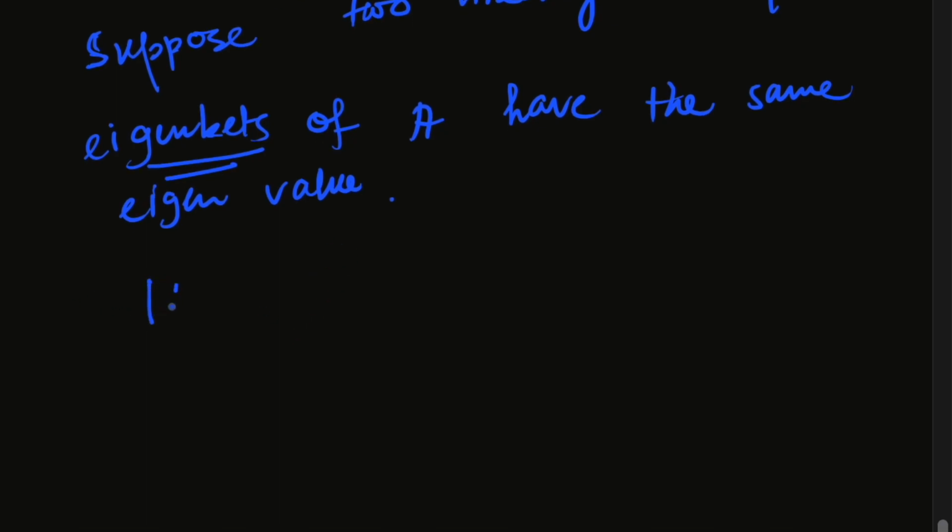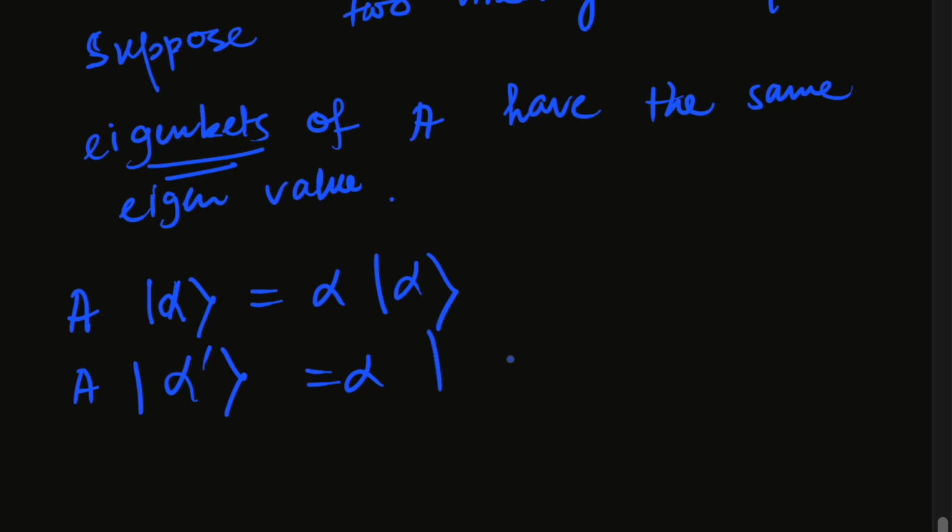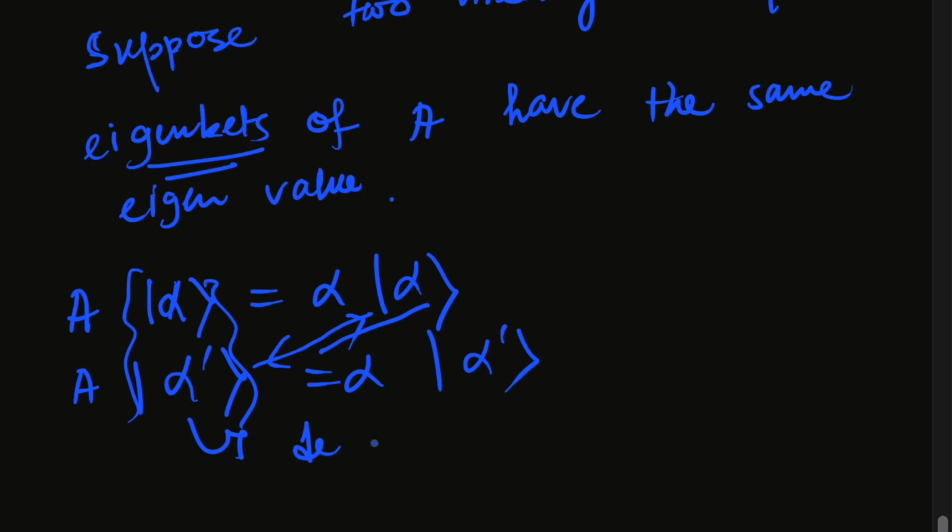What this means is, suppose an eigenstate alpha and another eigenstate alpha prime have the same eigenvalue, and these two are linearly independent, then these two eigenstates are called degenerate eigenstates.